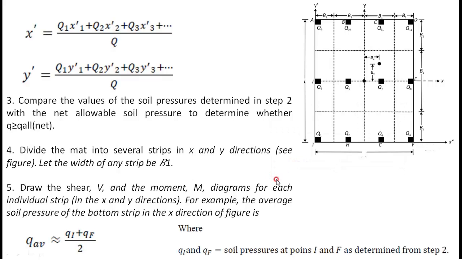Then for a particular strip, you can see Q1, Q2, Q3, Q4, with X bar here. Here you will get the upward soil pressure and Q1, Q2, Q3, Q4. Don't worry about the F here now. Just think that Q1, Q2, Q3, Q4 are there at the i, h, c, f positions.